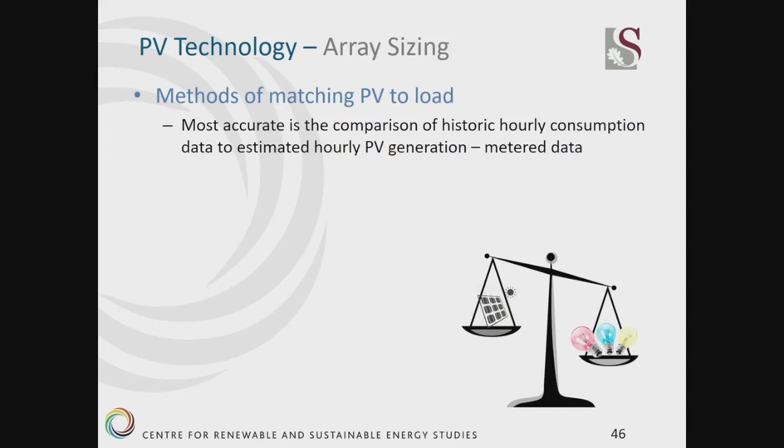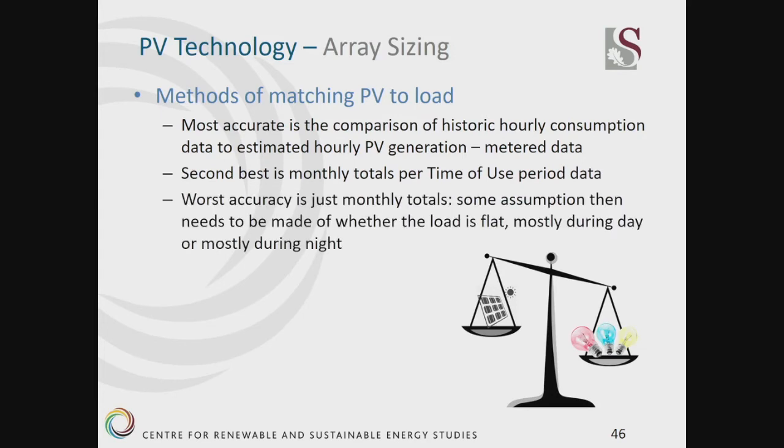And the most accurate is the comparison of historic hourly consumption data to the estimated hourly PV generation. So this you will get from metered data. Second best is monthly totals per time of use period data. And then the worst case is if you have only month totals.